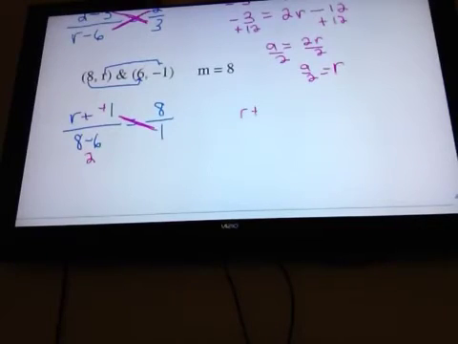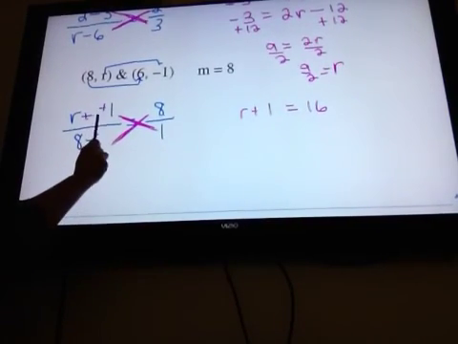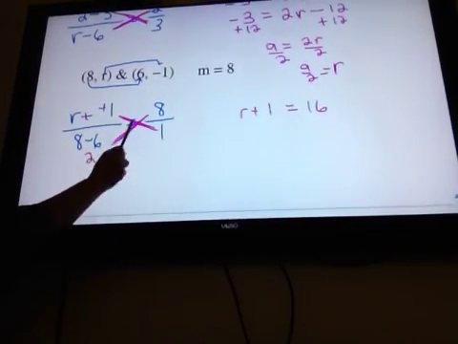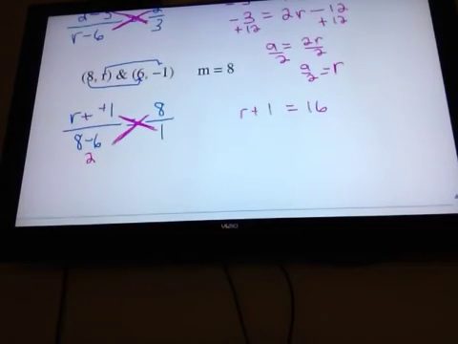So just R plus 1 equals 8 times 2, 16. So when I cross multiply, R plus 1 times 1 is just going to give me that R plus 1. 8 times 2, 16. And then a simple solve, all I got to do is subtract 1. So I didn't have to distribute, I didn't have to divide. R is 15.